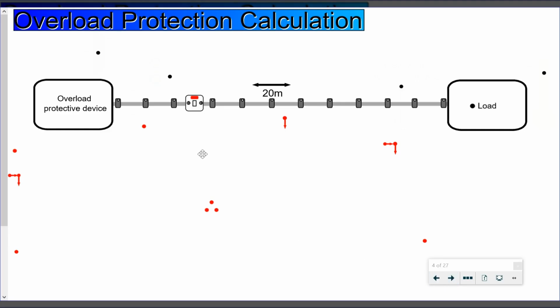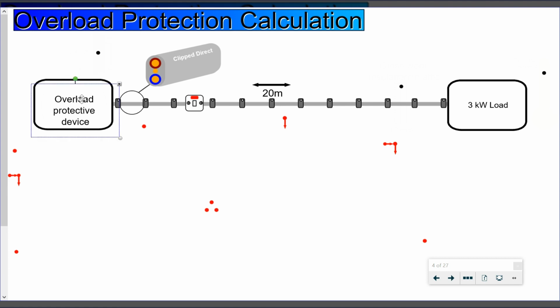We have a circuit here. It's a 3 kilowatt load connected to a 20 meter run of cable. The cable itself is a flat twin and earth, or two core and earth, thermoplastic sheathed cable, clipped direct to the surface.